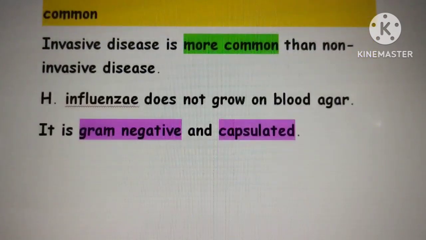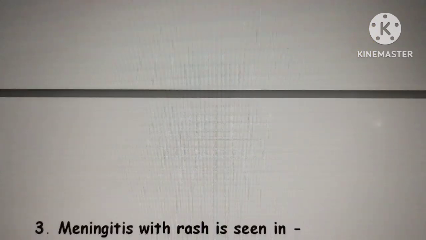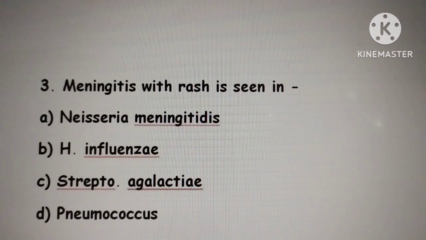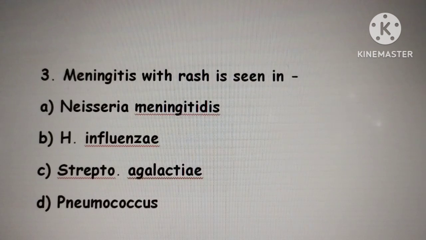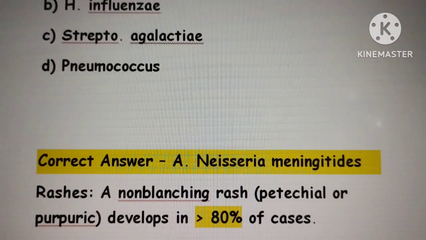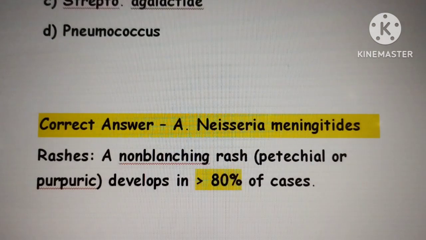So next, the third question is, meningitis with rash is seen in. You can close your eyes and mark it as Neisseria meningitidis. Whenever there is meningitis with rashes, that too a non-blanching rash, that is a petechial or purpuric rash, it is seen in about 80% of the cases.